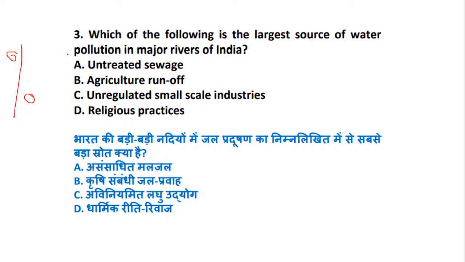So which of the following is the largest source of water pollution in major rivers of India? That is untreated sewage, agriculture runoff, unregulated small-scale industries, or religious practices. Okay, can you tell me the percentage also? Anyone knows what is the percentage of untreated sewage, because it talks about the largest source. So obviously, how much does it contribute?